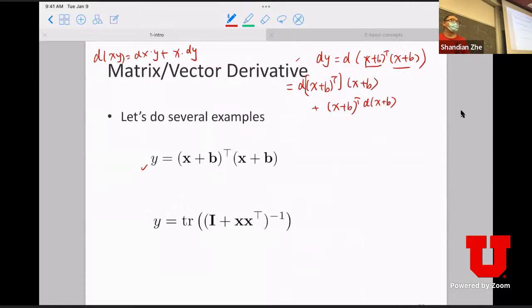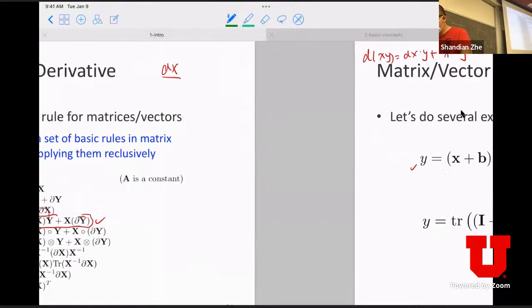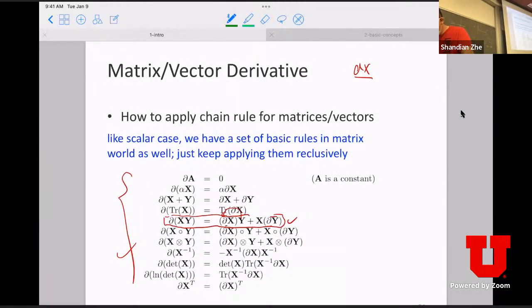Then let us continue. The derivative of a matrix transpose is the transpose of the derivative. We can find this basic rule here. If you take the transpose of a matrix and then the derivative, it is equivalent to first doing the derivative and then the transpose.